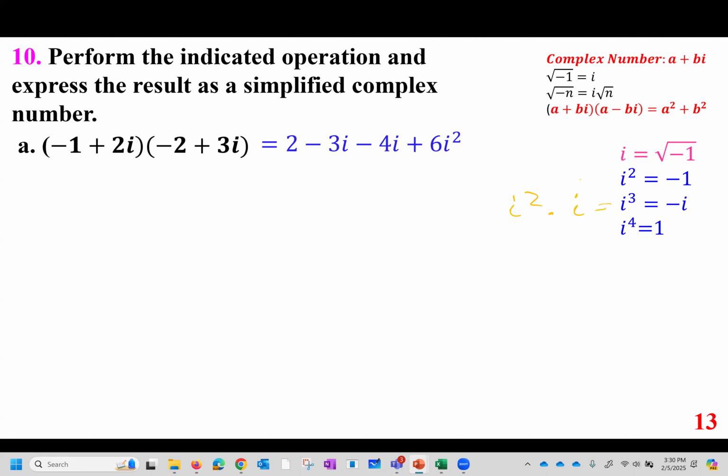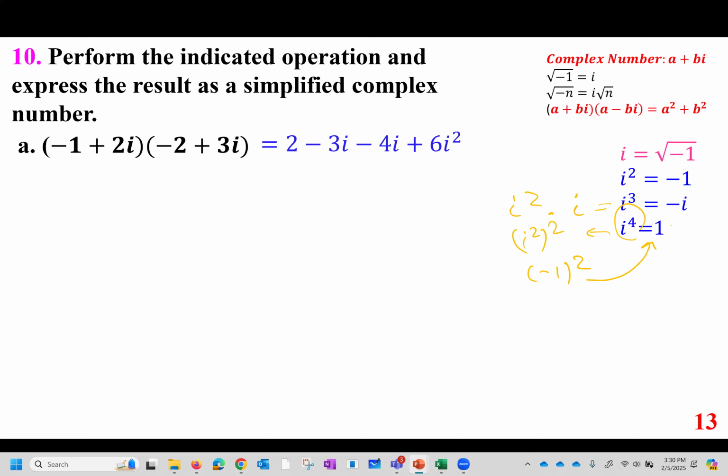So since i squared is negative 1, it makes it minus i. And i to the power of 4, you can say i squared to the second power, or negative 1 to the second power, which makes it positive. And this is very important. Later on, I'll show you in a moment how we use that to simplify powers of i.